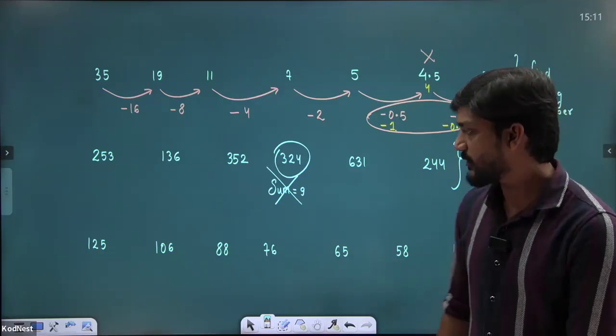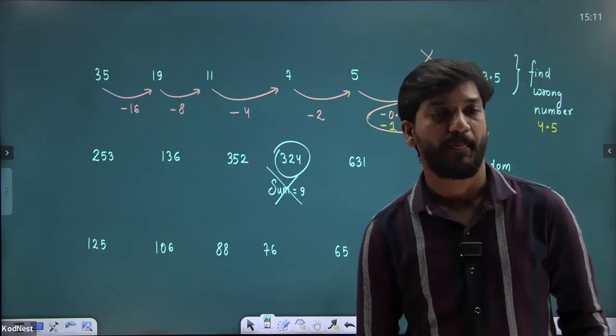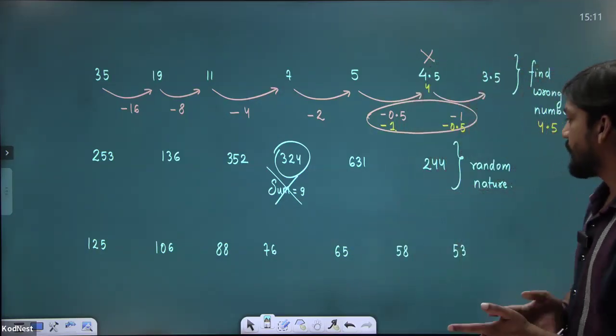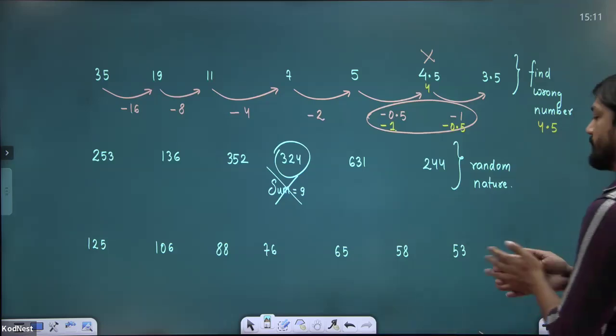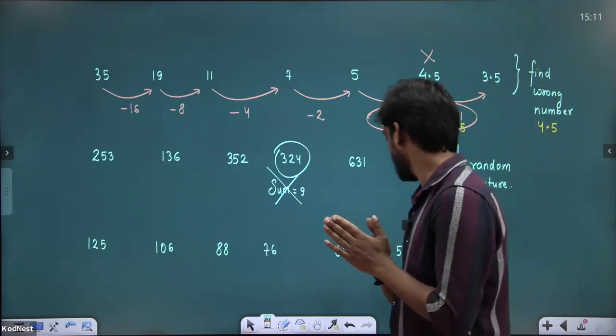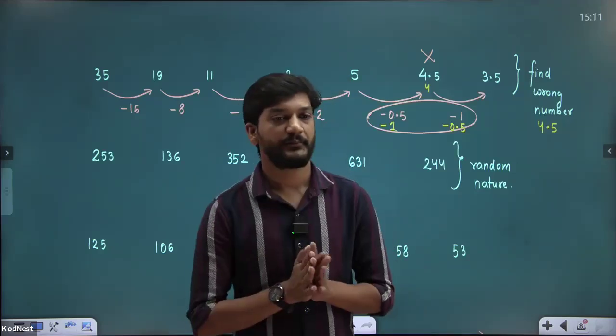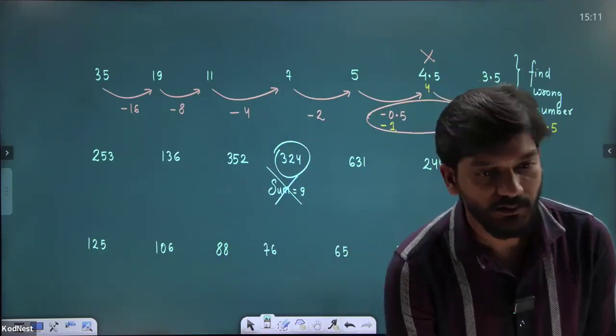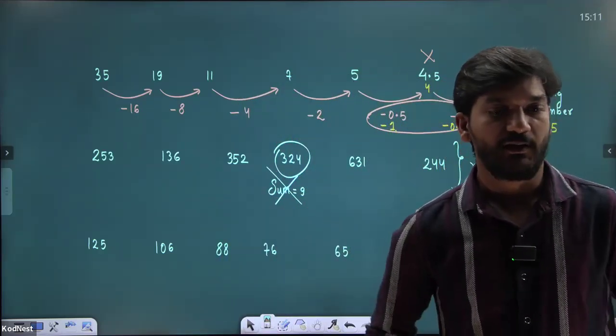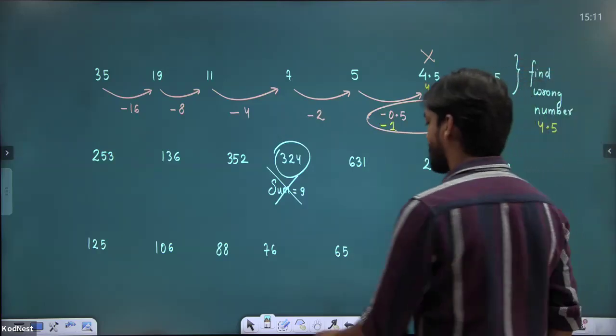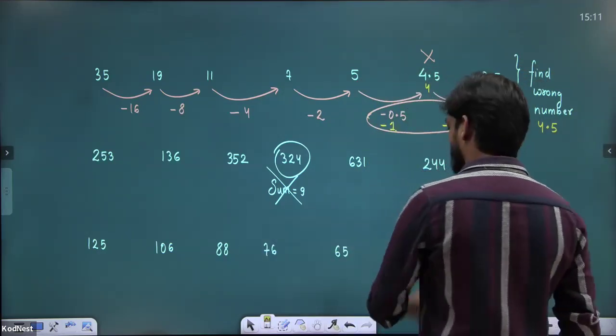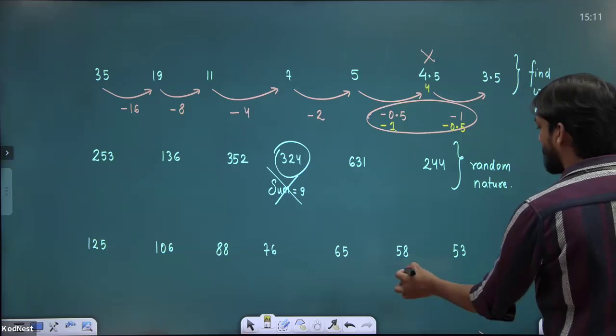So please answer what is not working out. Because of which number the pattern is disturbed. 88, 58. Okay. So I will have to think minus.